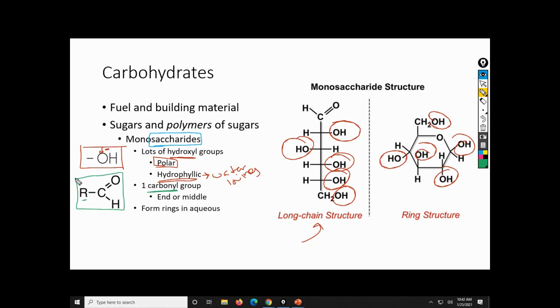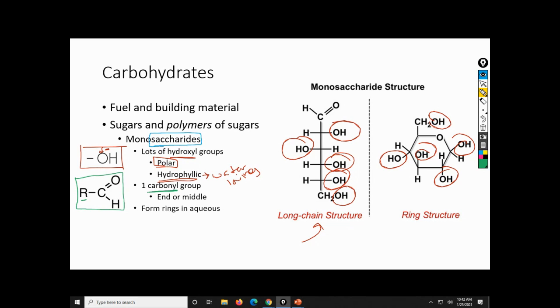We're going to see this R business a lot. R is a really lazy chemistry thing that just means something or anything else. Okay, the thing I'm not interested in. It's the other. So when I'm focusing on the carbonyl, all that is the carbonyl is the C, double bonded O, H. That's a carbonyl. And the R here just means, and then you stick it on something.